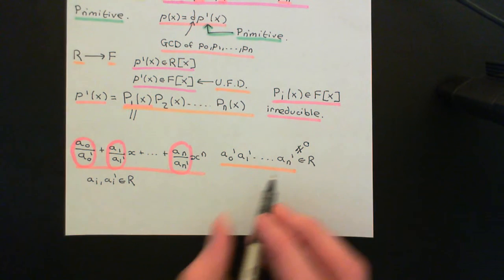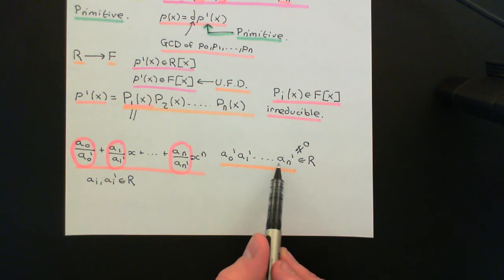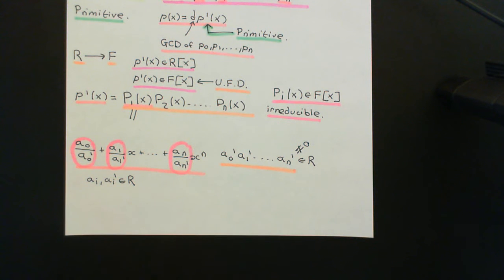The reason I can conclude that is that, remember, this is an integral domain. All of these denominators are non-zero because, remember, we insist that the denominator of a fraction cannot be 0. So we're multiplying non-zero elements together, and therefore we're going to end up with something that's non-zero. So this is some non-zero element of the unique factorization domain.